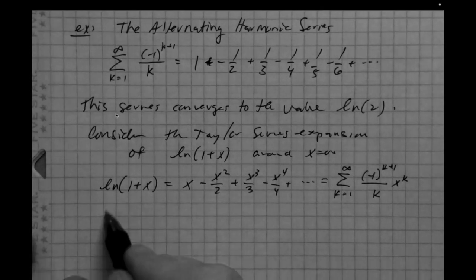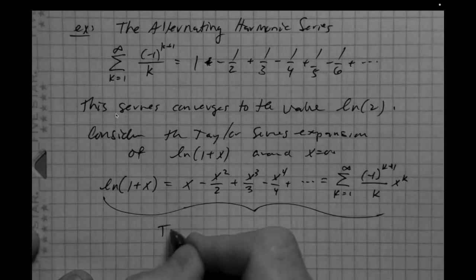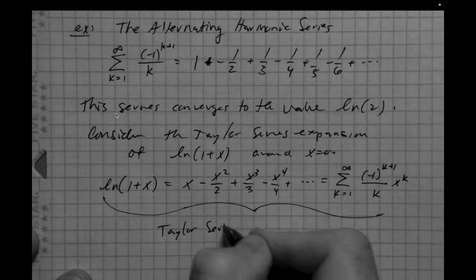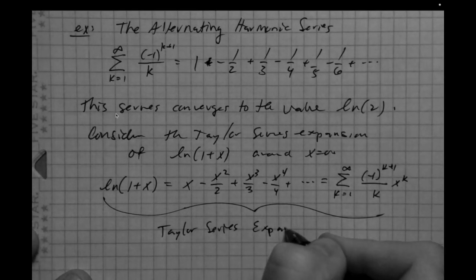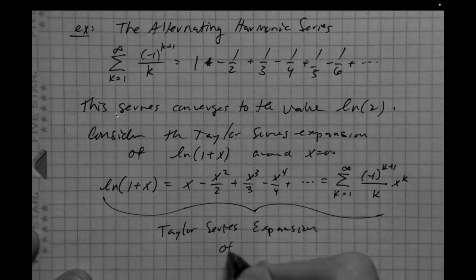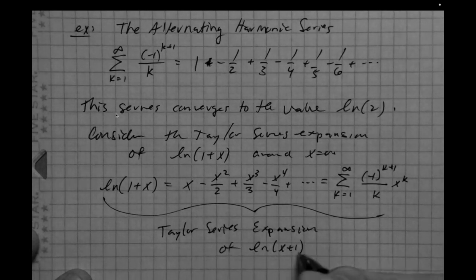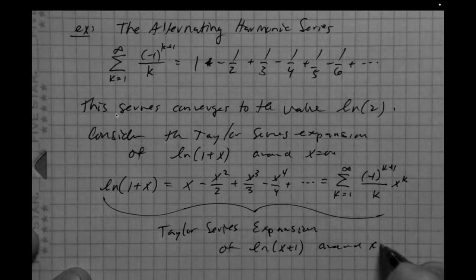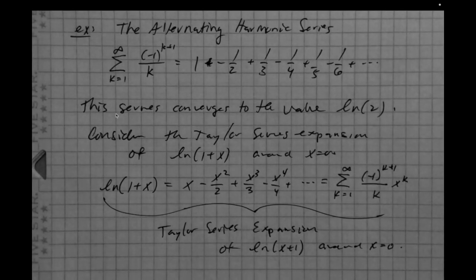All right, so this is the Taylor series expansion of ln of x plus 1 around x equals 0. This is something you would have come across in Calculus 2 probably. I would say 90% of the time a Calc 2 course will cover this material, but it may be kind of vague in your mind.